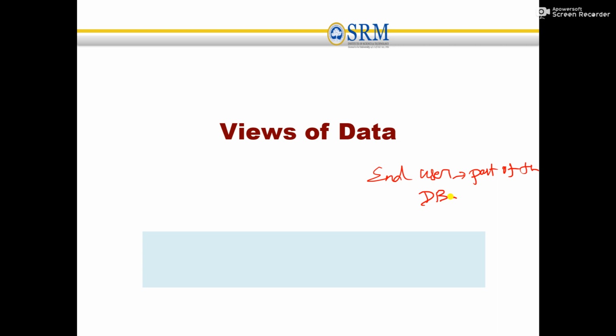For a typical example, in our university we have a big database. As an end user, as a faculty member, I am looking only at the student database. In this sense, I am the end user for accessing or modifying certain data in this database. Apart from the student database, other databases are supposed to be hidden.